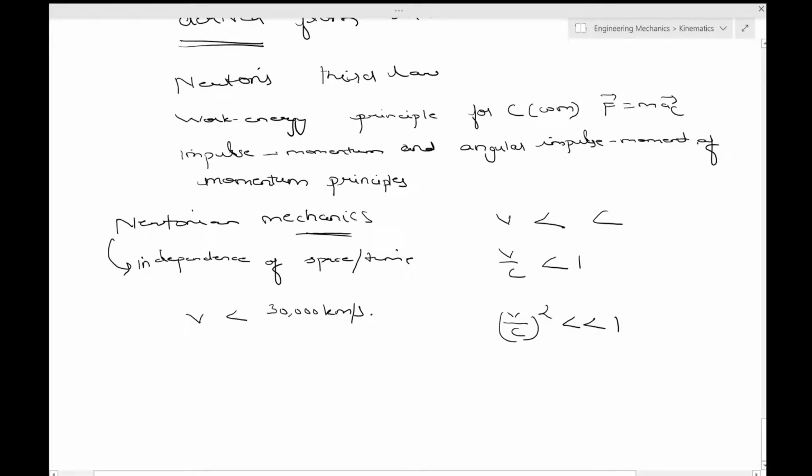Now obviously there was once a time when it was believed that the speed of any body or object would depend on the frame of reference. This was broken down because the speed of light was shown to be a constant, the same number all the time.